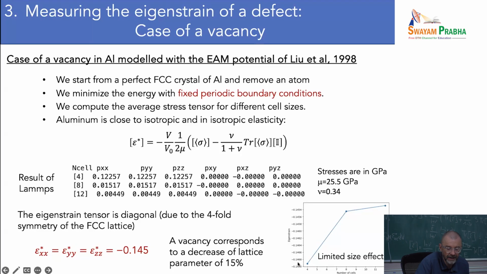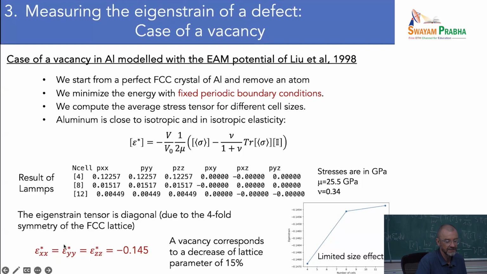And you see that the value varies from minus 0.147 to minus 0.1456. So it's a small variation, and clearly it's converging to a given value. So I should be doing even bigger cells to have a precise value of the eigenstrain.